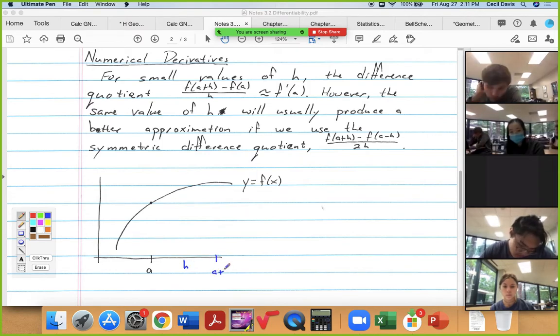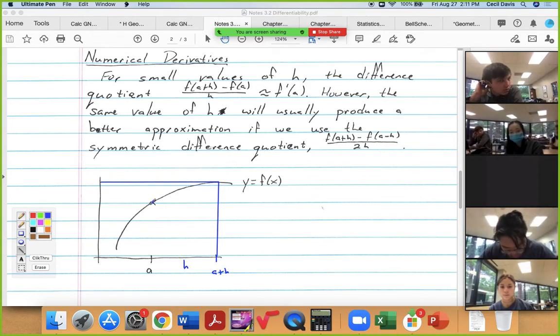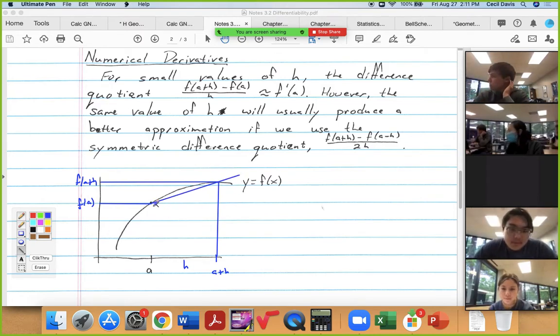So let's make this a plus h way the heck over here. So this is going to be f at a plus h. And this will be f at a. All right, now can you see that that's not really tangent to the curve at that point?